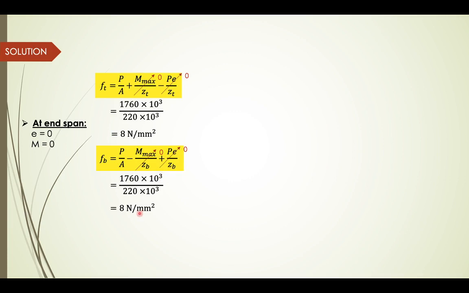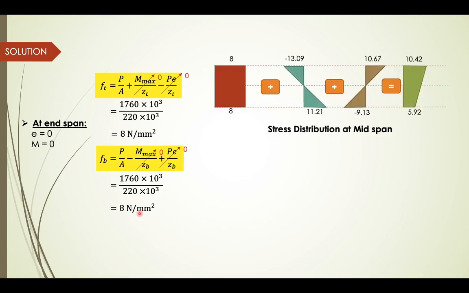Right, so the last part of the exercise is that you have to plot the stress distribution of the beam. You can see here this is the stress distribution at mid-span. We can see that we have P over A, which is due to the pre-stress force, then plus minus 13.09, which is on the top part.